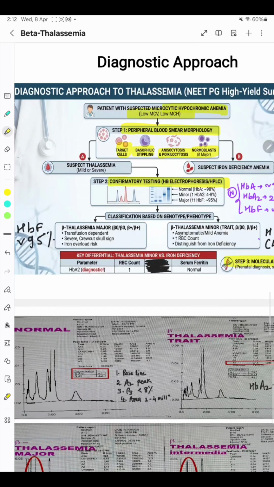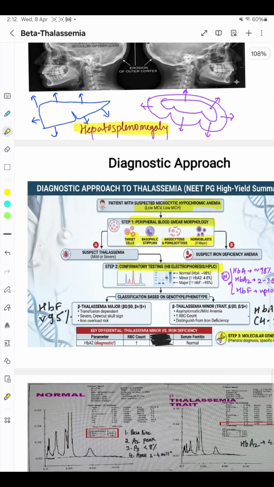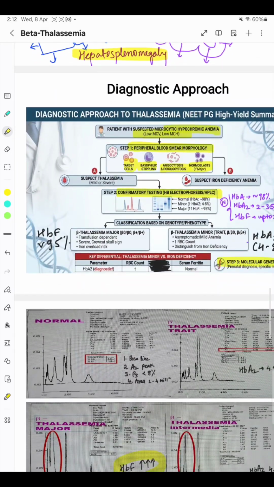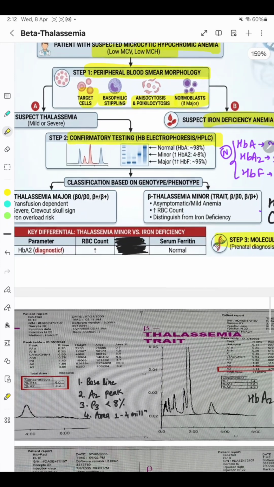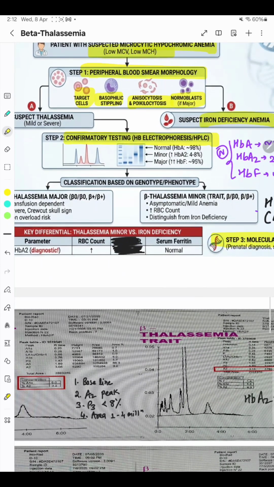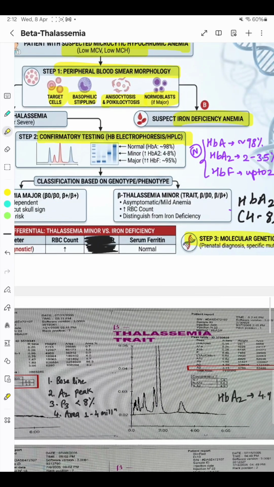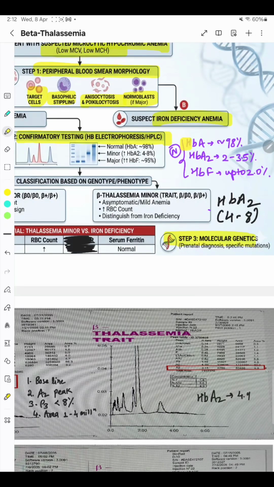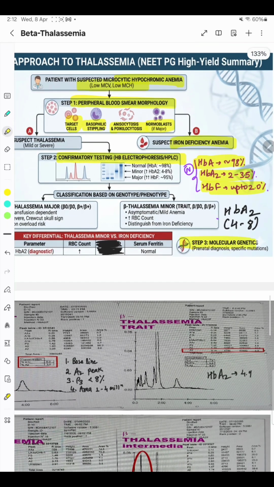Now our main two differential diagnoses are beta thalassemia and iron deficiency anemia. On HPLC or hemoglobin electrophoresis, in a normal individual or in iron deficiency anemia, HbA is around 95 to 98%, HbA2 is somewhere between 2 to 3.5%, and HbF is up to 2%.